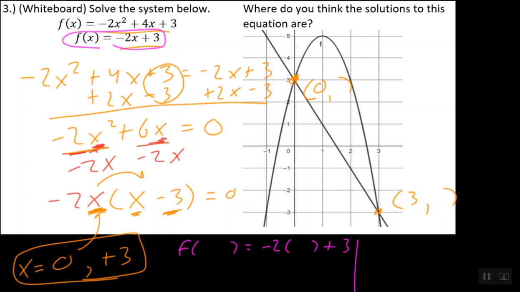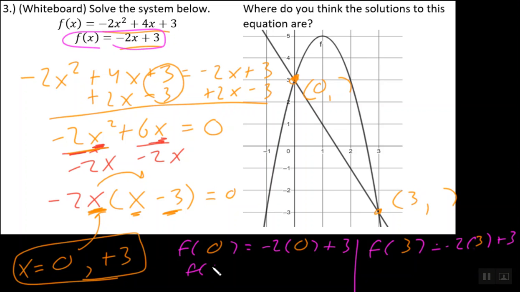And in fact, I have the room here to write it twice, f of x is equal to negative 2, parentheses, plus 3. And let's go ahead and plug in our x values. We know x value number 1 is 0, and we know x value number 2 is 3. And let's just go ahead and work through this.